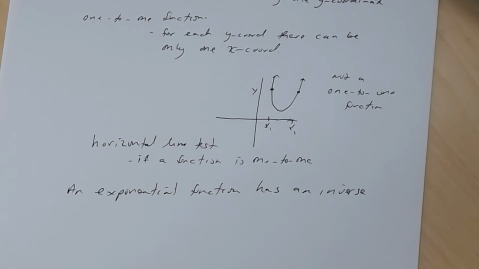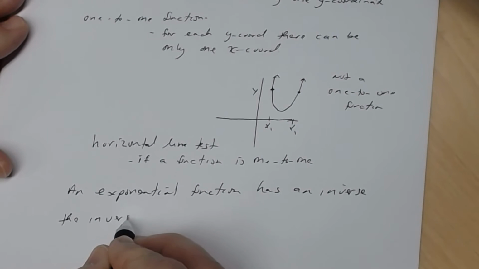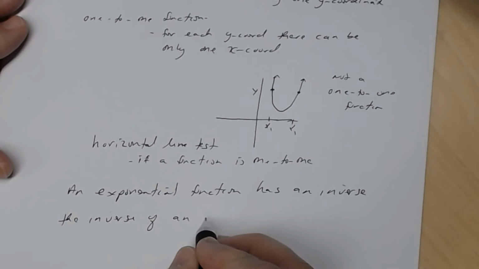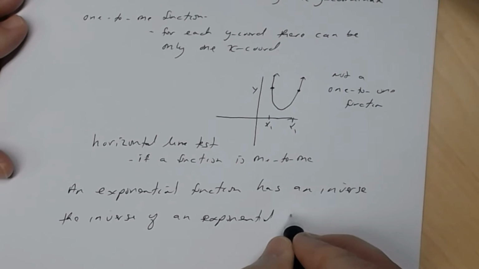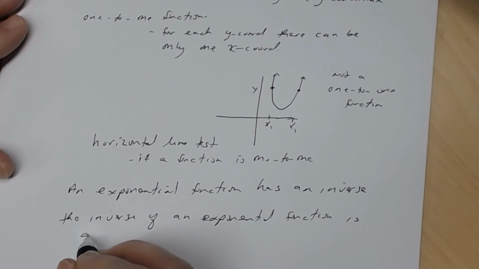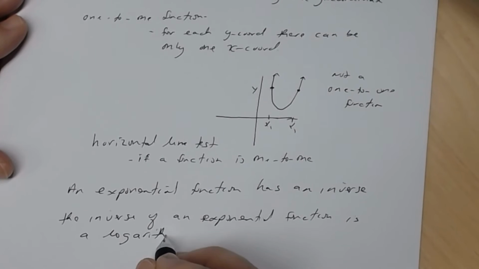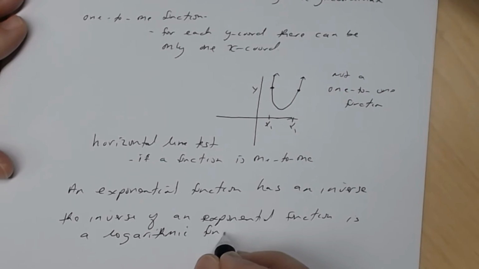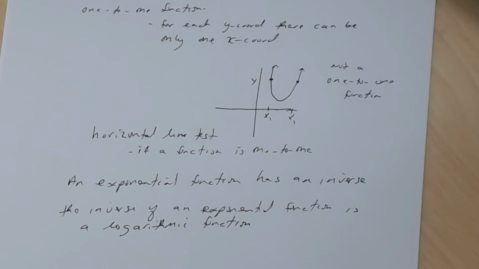And it turns out that the inverse of an exponential function is a log function, a logarithmic function. That's why we're going to start talking about log functions. So log functions are inverses of exponential functions.